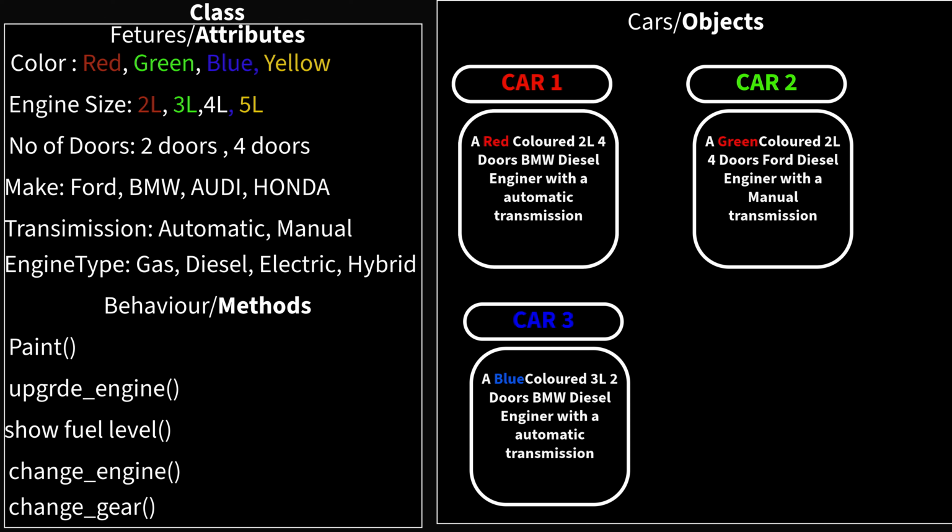Now that we have generalized the idea of class and objects, in this video we're going to look at how we can create objects from a class which has predefined features and attributes. And we can act upon those attributes using the methods that are part of that class.